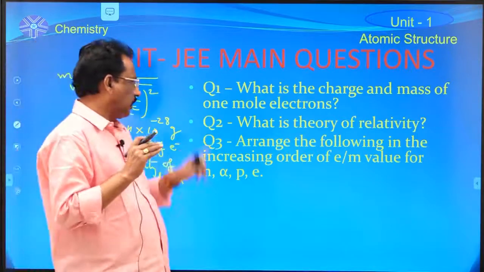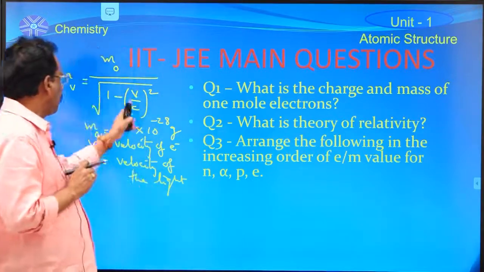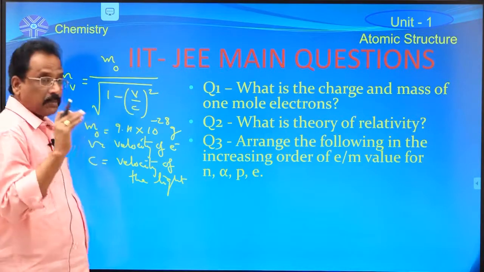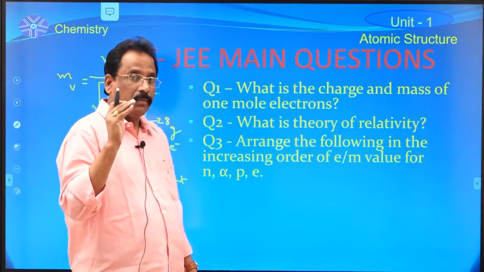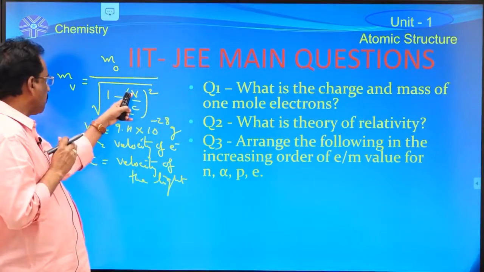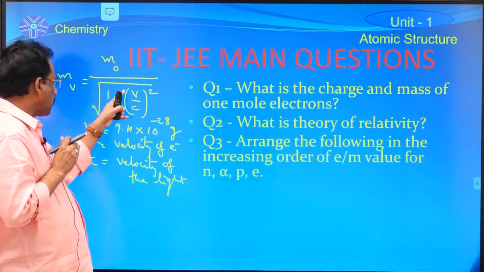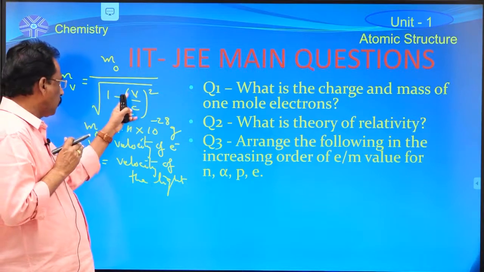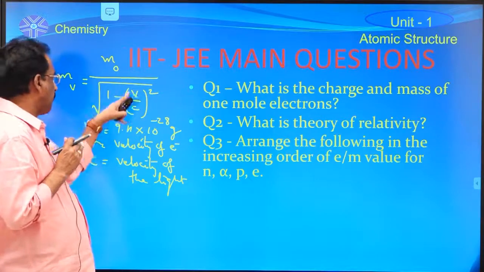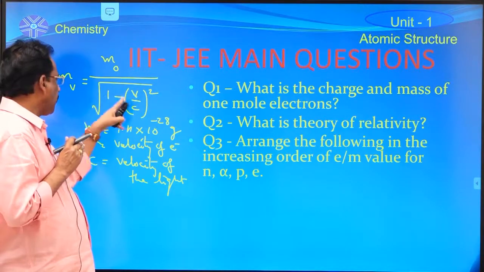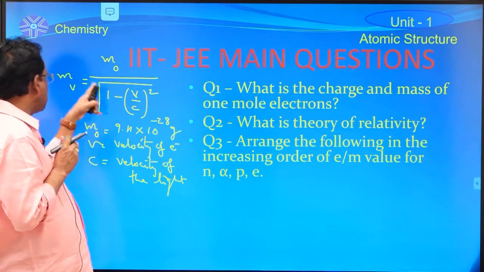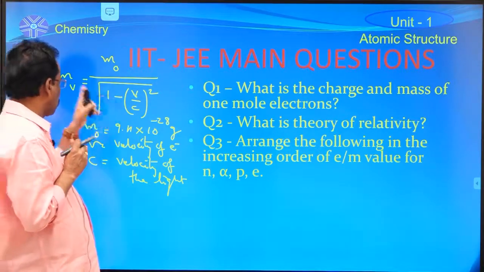So according to theory of relativity, when the velocity of the electron increases, the specific charge of the electron will decrease, because when velocity increases, 1 minus v by c whole square value decreases, and these are inversely proportional to each other.